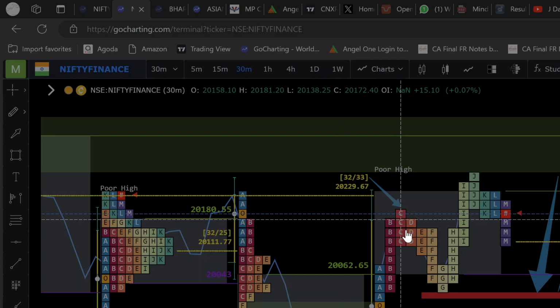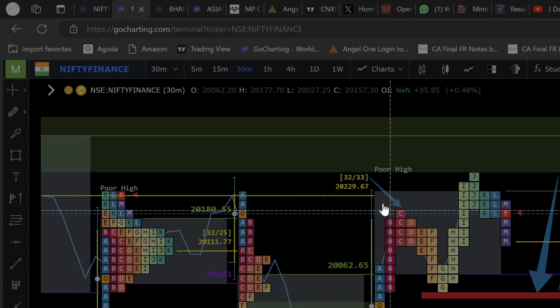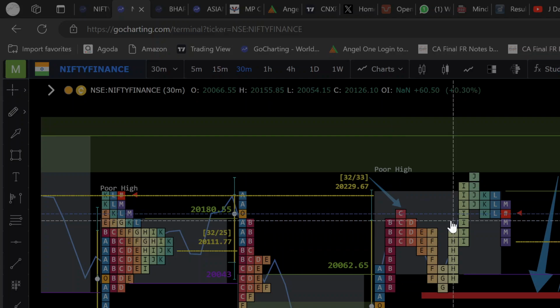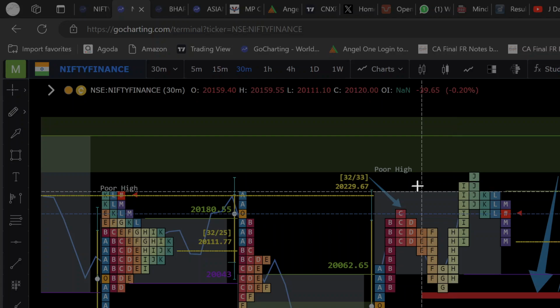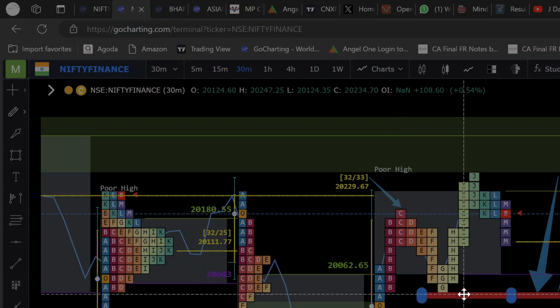Now when this C happened, nothing was happening, so I was watching what it does over here because this became the reference for the day to know and trade. Then when the market started to come down in the F period, this is where I actually tweeted that I feel the market is going to go back to the value area high and may even break this weak high, or poor high, whatever you want to call it. This is where I had actually taken a trade. I don't want you to have a habit of looking into someone's trade and judging what someone has to say.